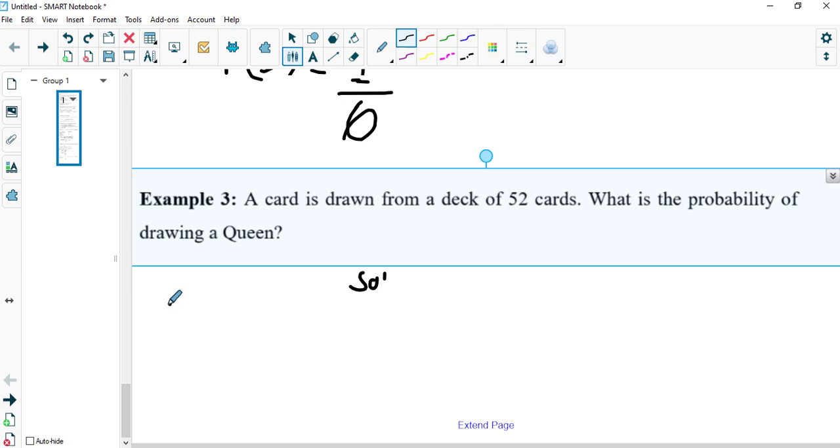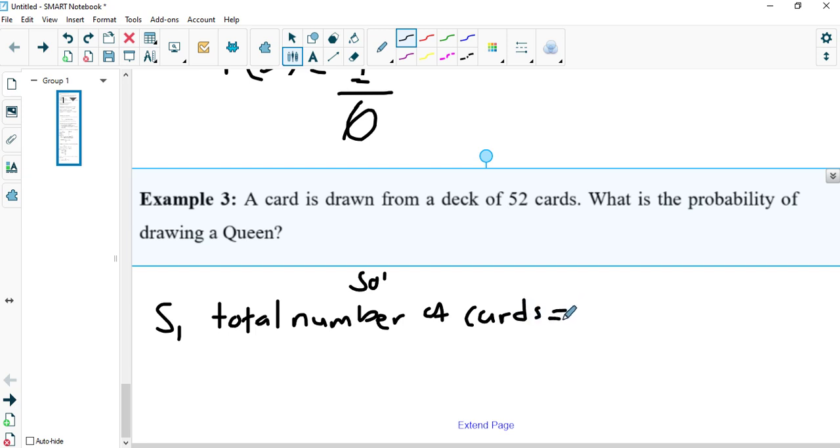So the sample space here is the same as the total number of cards. In this case the total number of cards is 52.